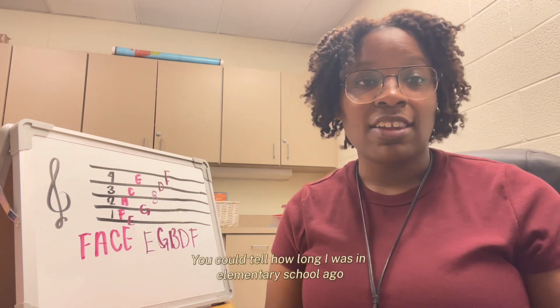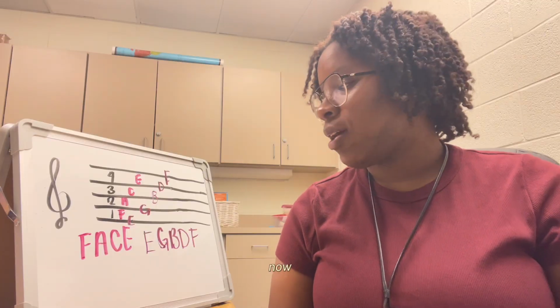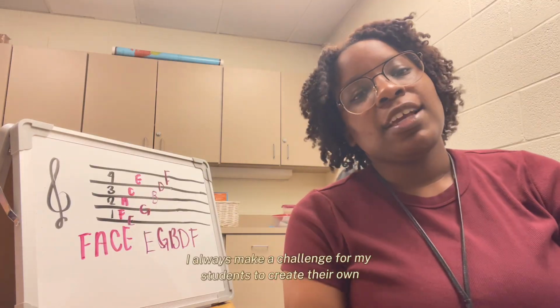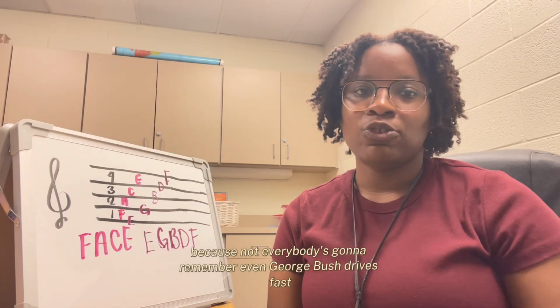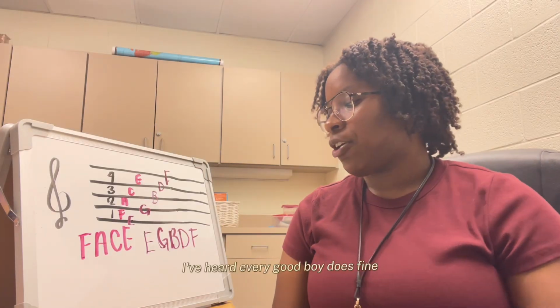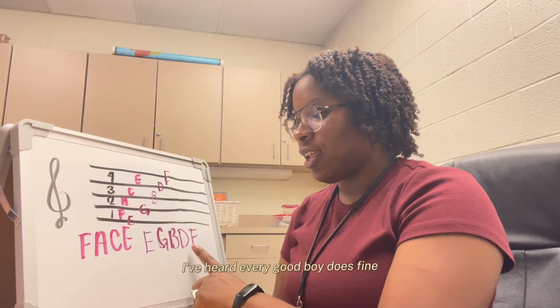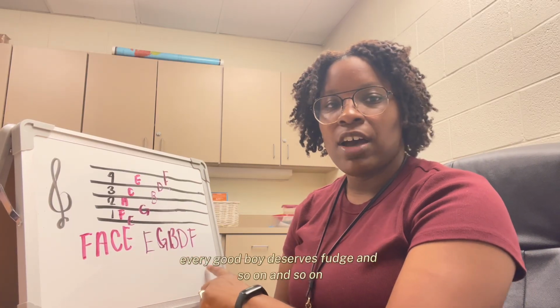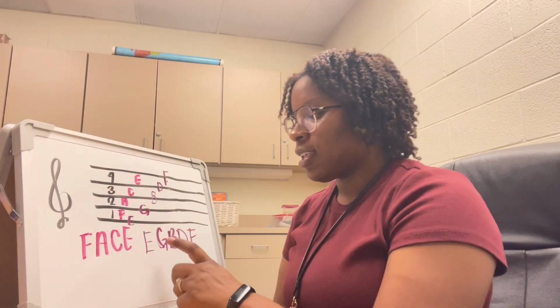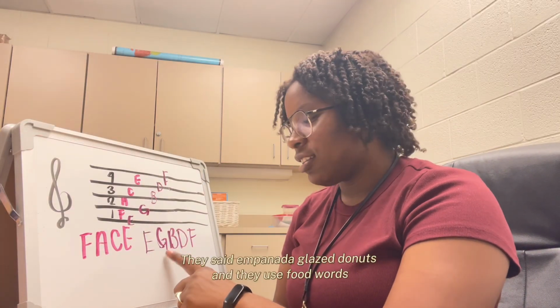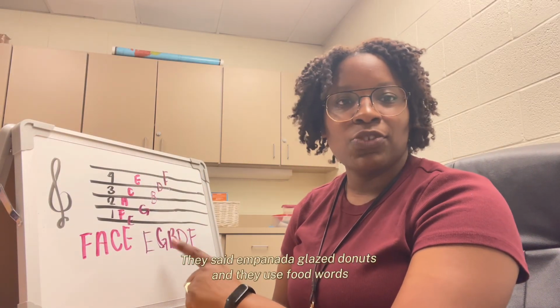You could tell how long ago I was in elementary school. Now, I always make a challenge for my students to create their own because not everybody's going to remember Every George Bush Drives Fast. I've heard Every Good Boy Does Fine, Every Good Boy Deserves Fudge, and so on and so on. One of my students created, they said, Empanada, Glazed Donuts, and they used food words.